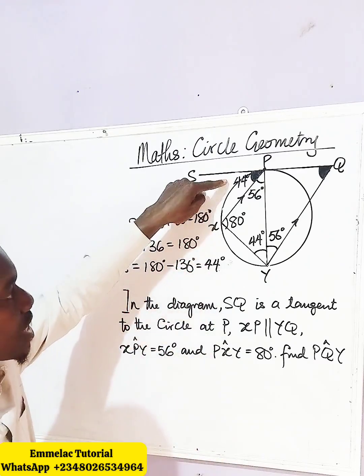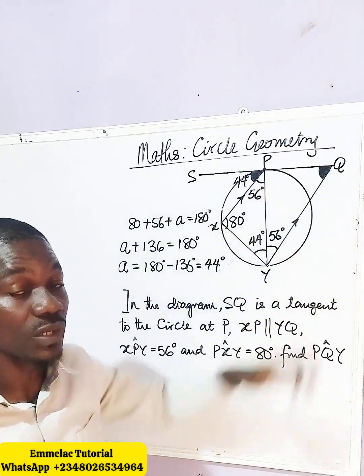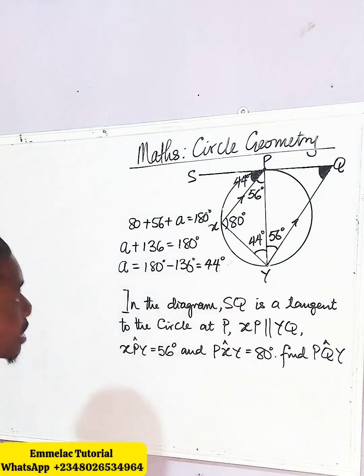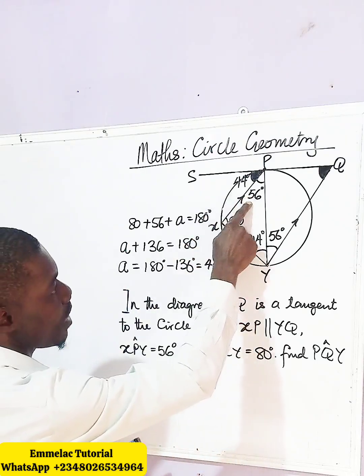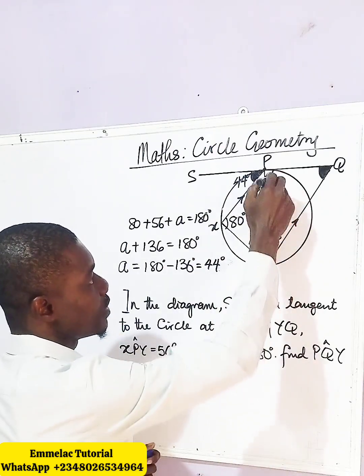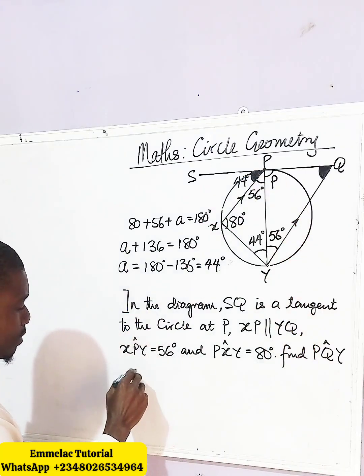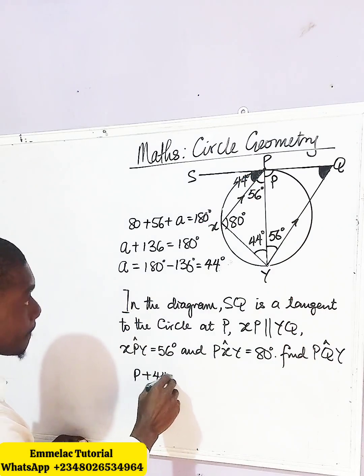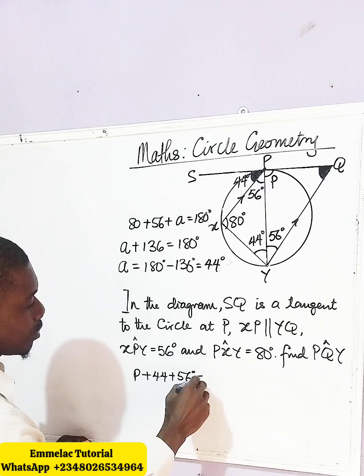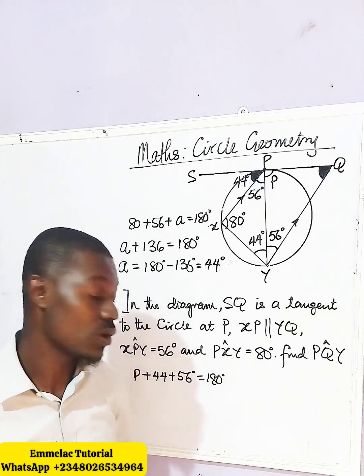Since we've gotten this as 44, and take note that SPQ is a straight line, we can say here that, let's make this angle small p, p plus 44 plus 56 gives us 180, because the sum of angles on a straight line is 180.